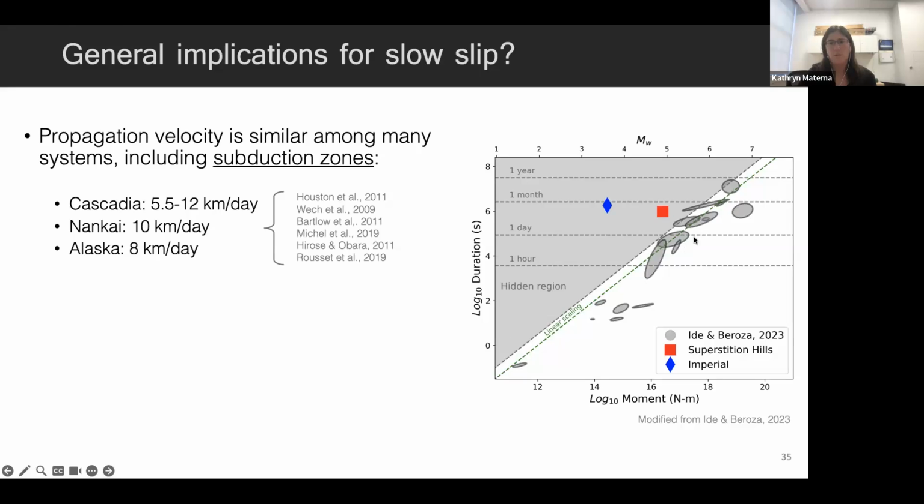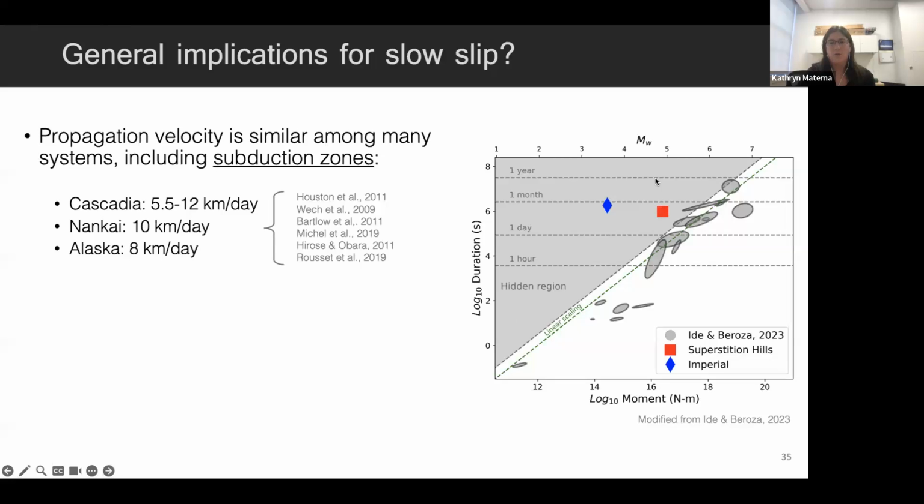There are other interpretations, but the initial interpretation of this line is that all of the families of slow slip events would plot on this line, but the reinterpretation actually suggests that there's a whole region of this plot of events with a certain moment and happening over a certain period that are nearly impossible for us to detect due to the noise limitations of our instruments. So they call this, in Ide and Beroza 2023, the hidden region.